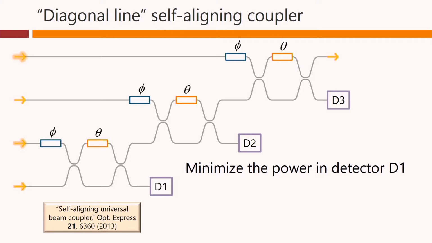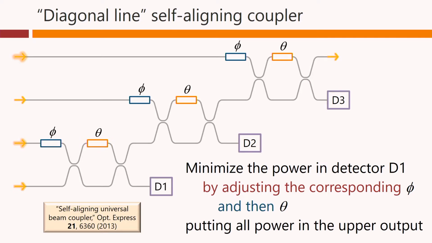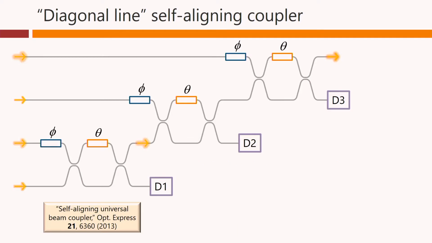So we start by minimizing the power in detector D1, this one here, by adjusting the corresponding phi, and then the corresponding theta, putting all the power now in the upper output of this Mach-Zehnder. And that changes the power in the output at the far right at the top.